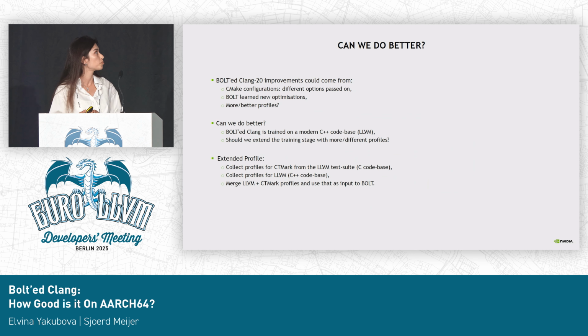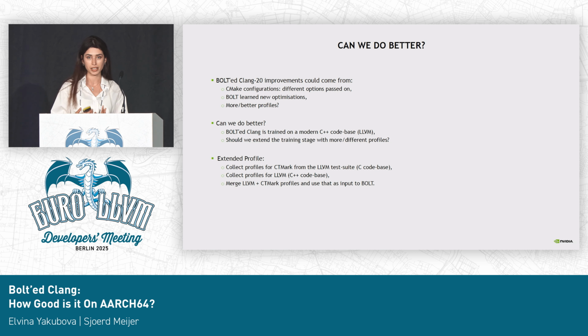The significant improvements which we see on the latest Clang version could come from different sources. Maybe someone changed CMake configurations, maybe different options were passed, maybe Bolt learned new optimizations, or more and better profiles were added. So given all of that, our new hypothesis is that we can improve performance even more by extending the training stage.